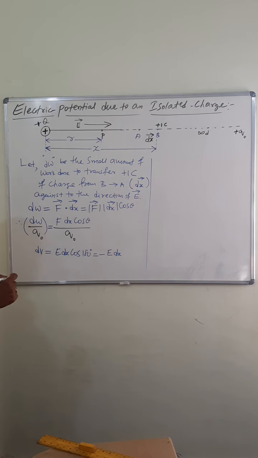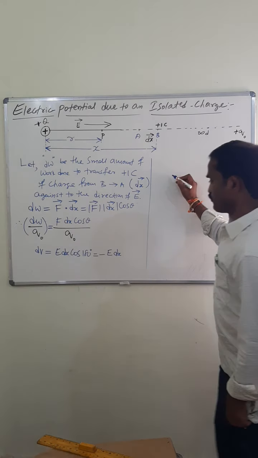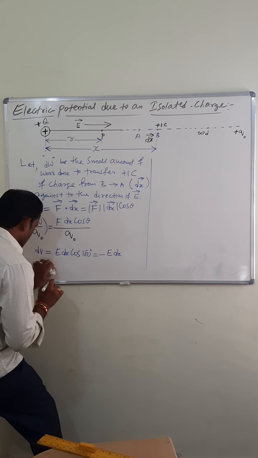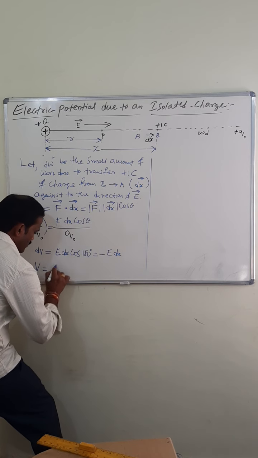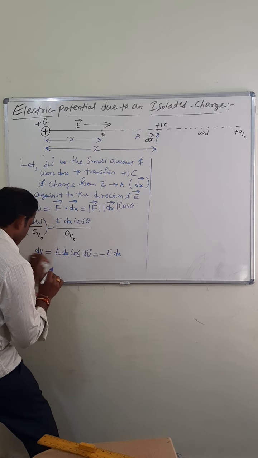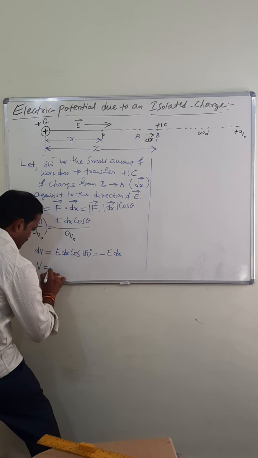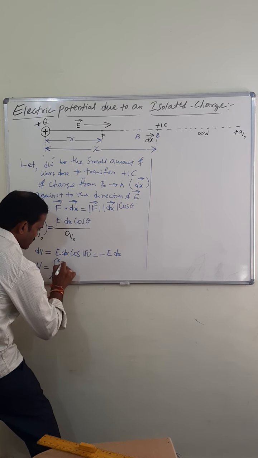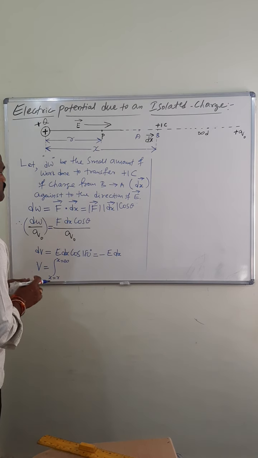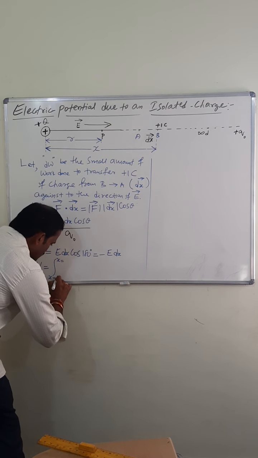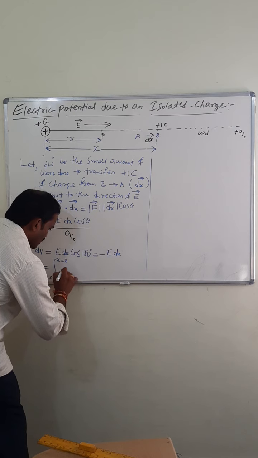Therefore, I want the total potential. What do you mean by total potential? If we want the electric potential at a given point, V is equal to the integral from x equal to infinity to x equal to R, because you are bringing the charge from infinity to R. Infinity is the lower limit and x equal to R is the upper limit, of dV.